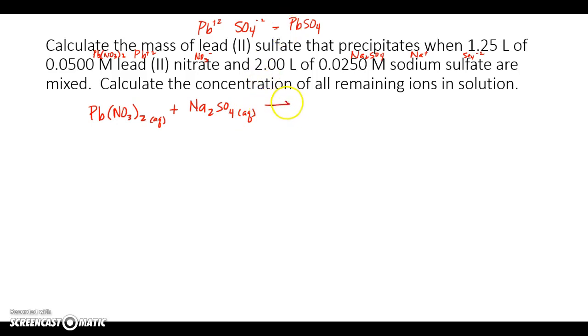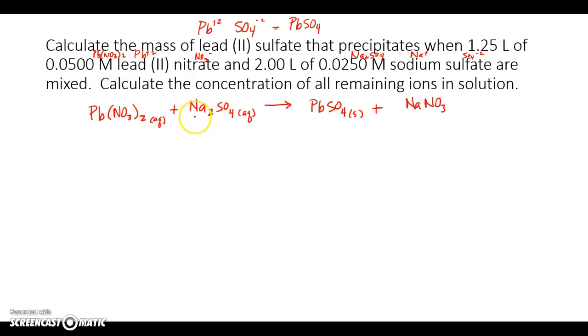And then it tells us that we've made lead sulfate, PbSO4. For this one here, the sulfate is actually going to be solid because of the exceptions. And we have, as our other product, sodium nitrate. So we need to check whether or not these are balanced.